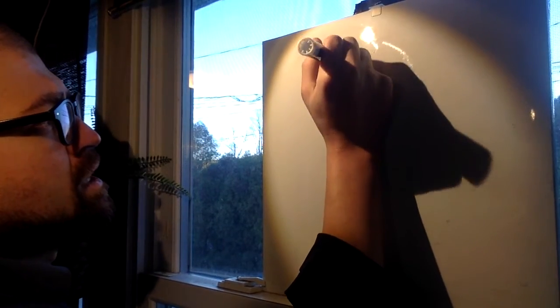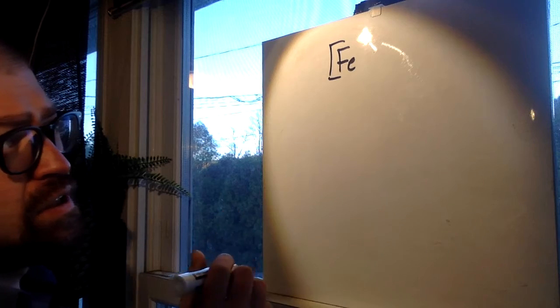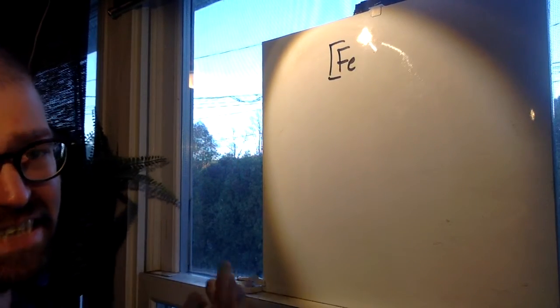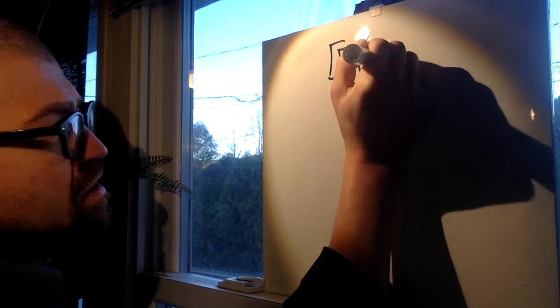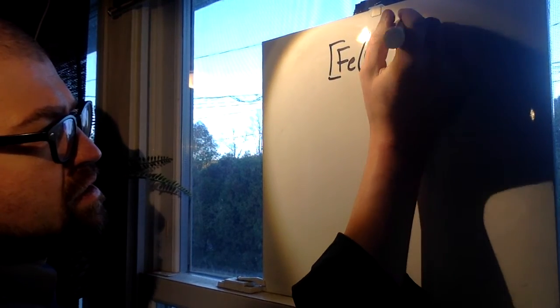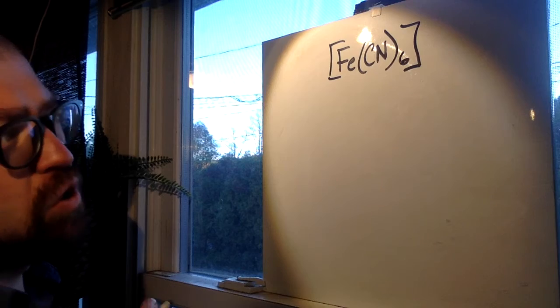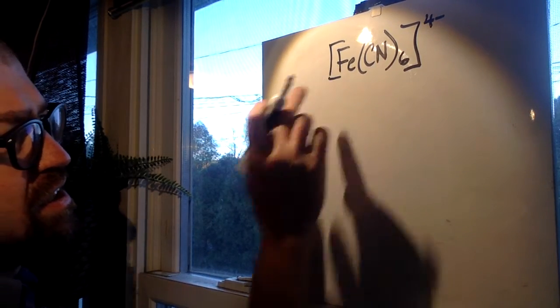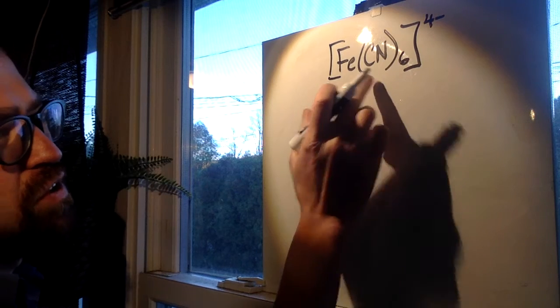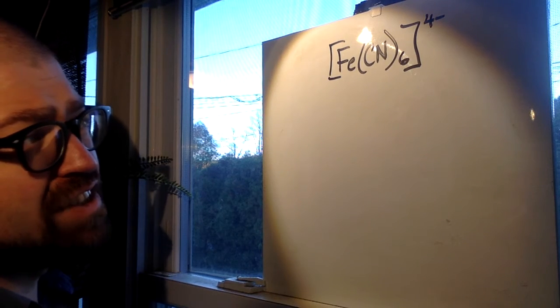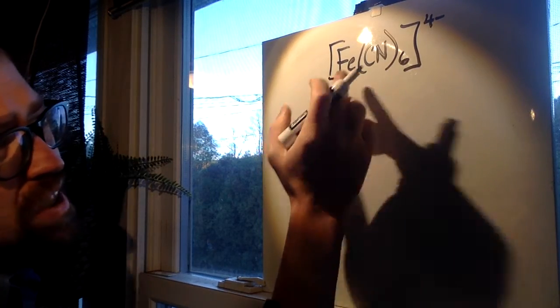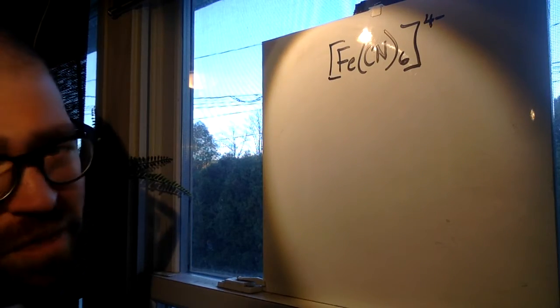So, here, iron, having that 2 plus charge, we're going to surround it by 6 cyanide ions. So that means the whole charge of the structure will be 4 minus, because that's 2 plus, and each of those CN cyanide ions is 1 minus. If we have 6 of them and the 2 plus, we end up with a total charge of 4 minus.